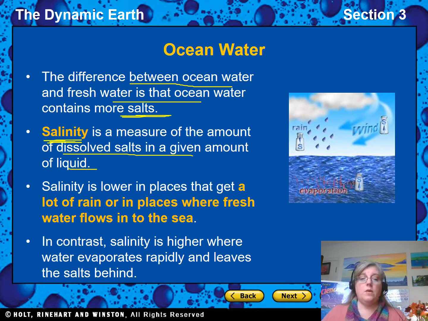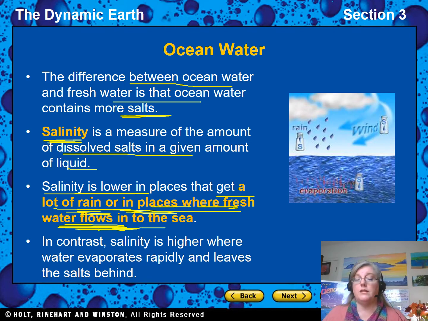Okay, so salinity in different parts of the ocean, if you get a lot of rain or during the monsoon season when it does rain a lot, there's going to be less salinity in that part of the ocean. Salinity is lower in places that get a lot of rain or places where fresh water flows into the sea. So the ocean isn't a steady amount of salinity everywhere. It varies.